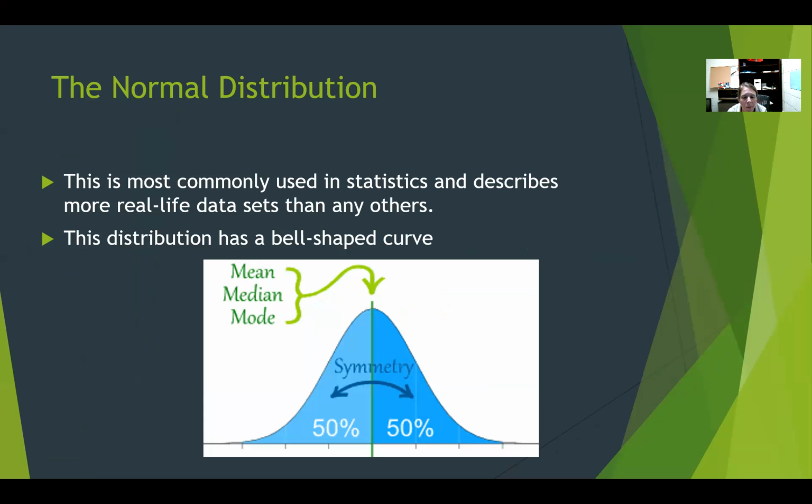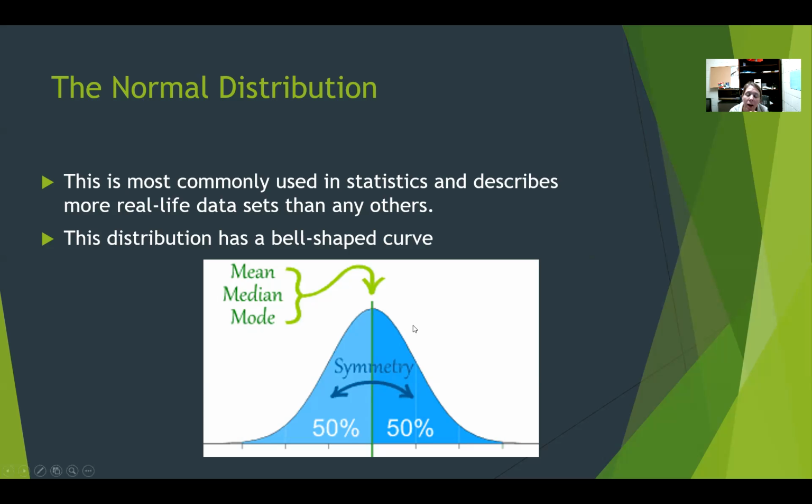It's one of your more commonly used distributions. The reason is that it's a bell-shaped curve, and your mean, median, and mode fall in the middle. That means 50% of your data fall on one side of the mean and 50% fall on the other side. This is your bell-shaped curve, and we usually look at the mean as the middle ground here.